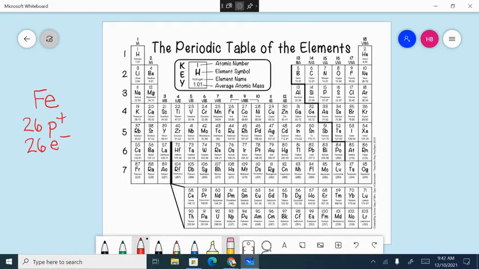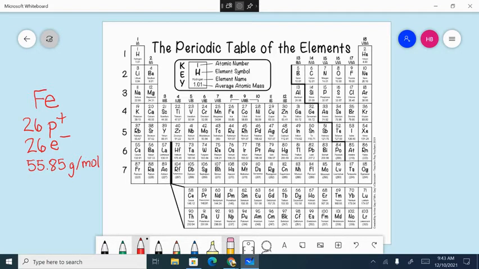Now we'll look at the average atomic mass. The average atomic mass is going to be the one with the decimals. That means if you take all of the different isotopes, a huge sample with lots of different isotopes in there, it will have an average atomic mass of 55.85.